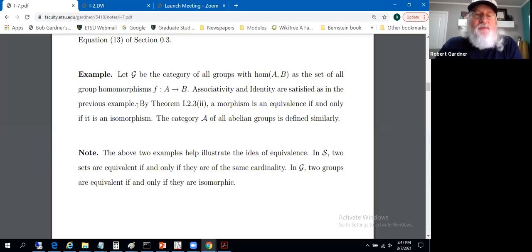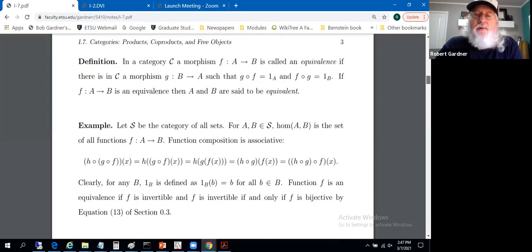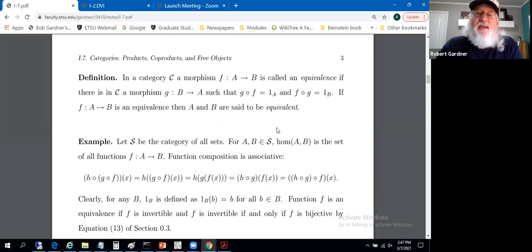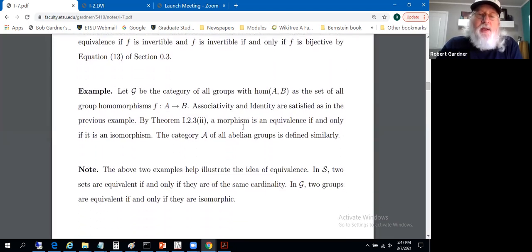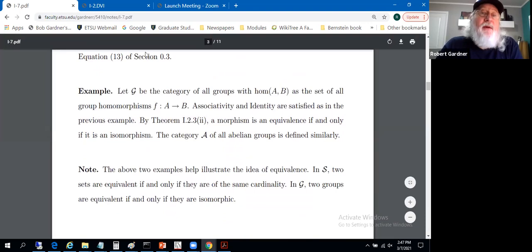The thing about an equivalence we're interested in, so let's look at the definition of equivalence again. It's still nearby. Equivalence means compositions in this sense give identities. In theorem 1.2.3, part 2, I just happen to have it sitting here.